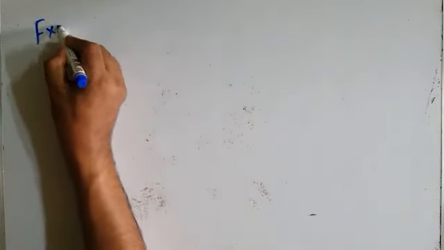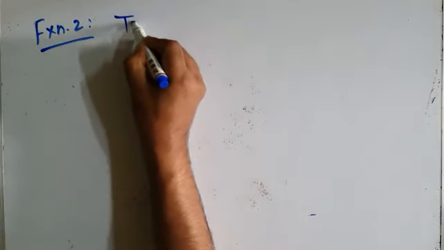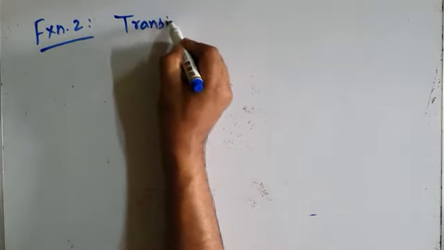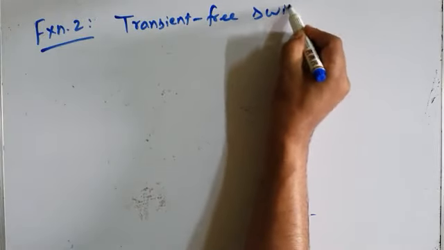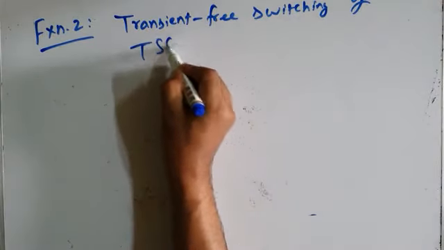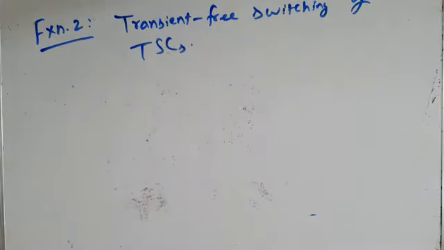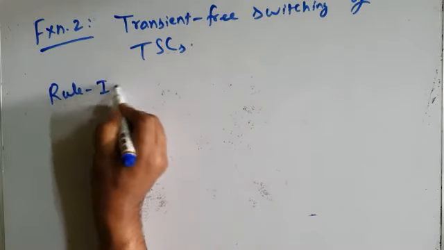So for transient free switching, function number 2 will be performed in step number 2 by your controller. What is the second function? The second function is transient free switching of TSCs, that is, to switch capacitors or TSC branches. For that purpose, you know that your controller has to follow two rules.